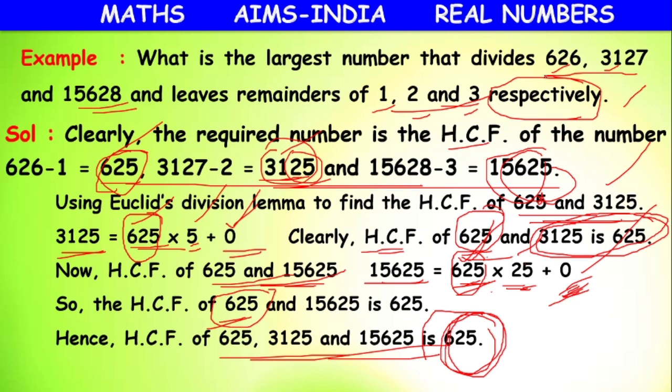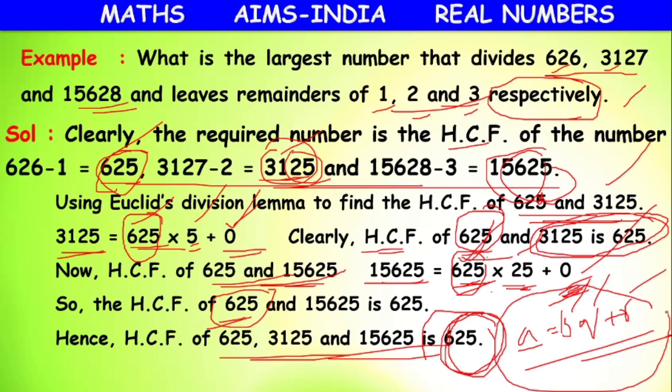Here, children, the concept is very, very important. A equal to BQ plus R is the division rule which we have learnt in lower classes. A is the dividend, B is the divisor, Q is the coefficient, R is the remainder. The same is used in Euclid division lemma.